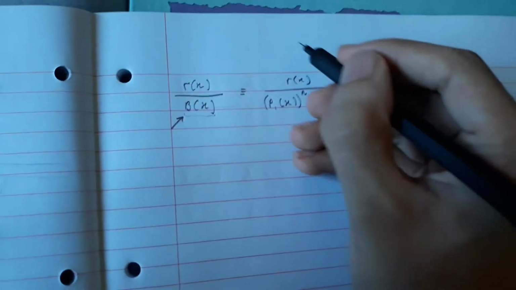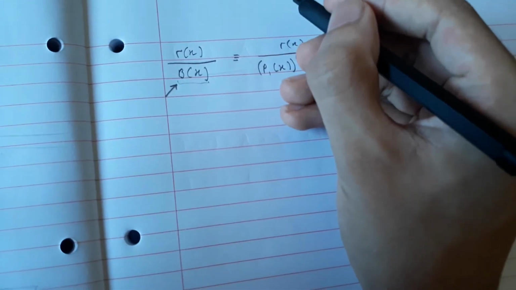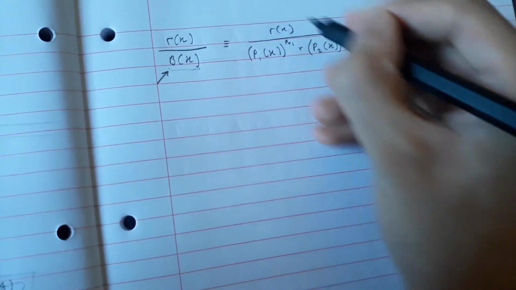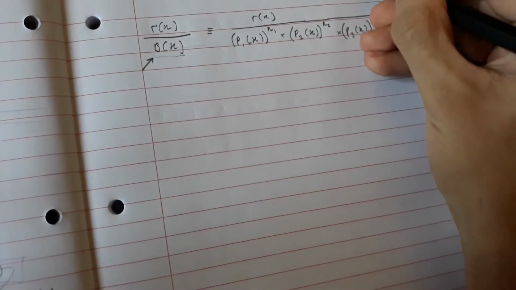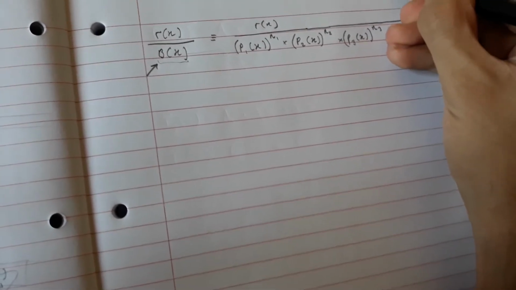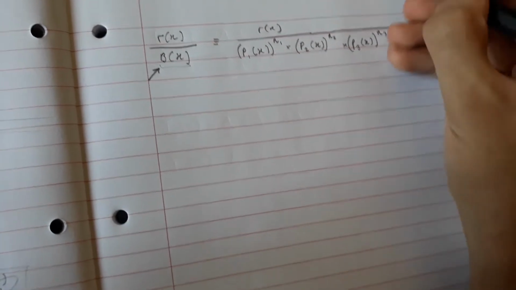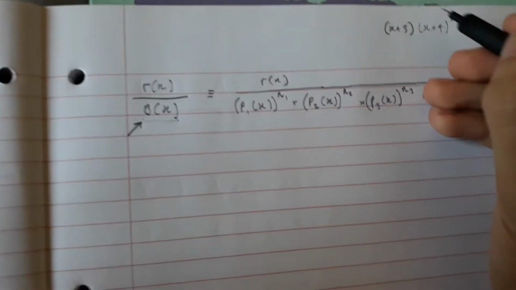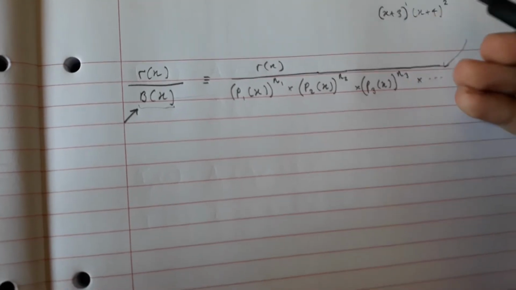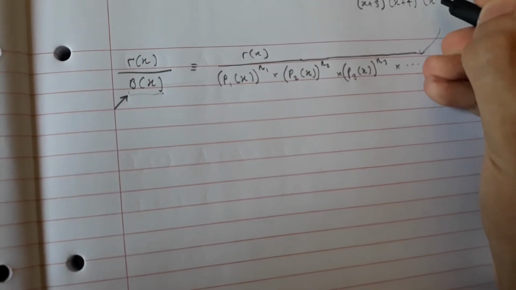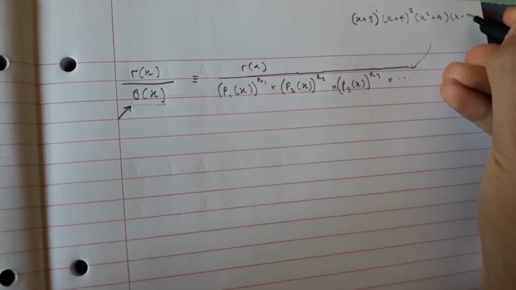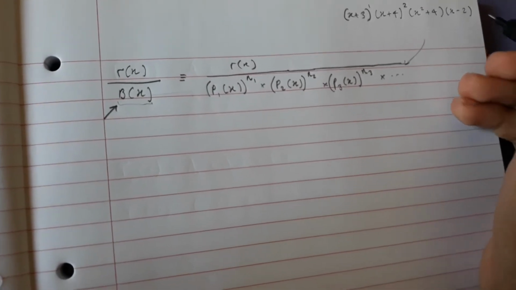So just to give a little concrete example, just in case I'm becoming a bit too symbolic here, let's say this might look something like x plus 3, x plus 4 squared. Notice that this x plus 3 here is really x plus 3 all to the 1. And then we might have x squared plus 4, and then x minus 2, something like this.